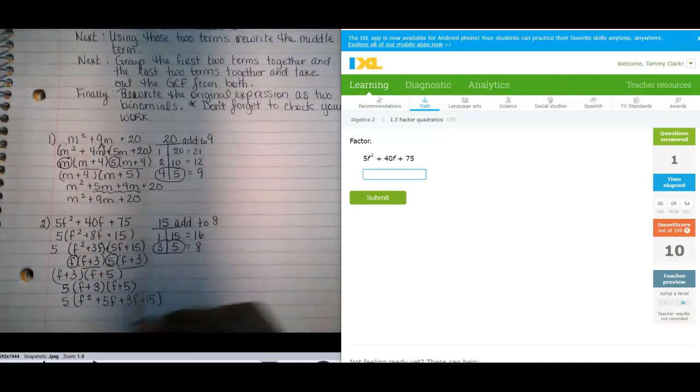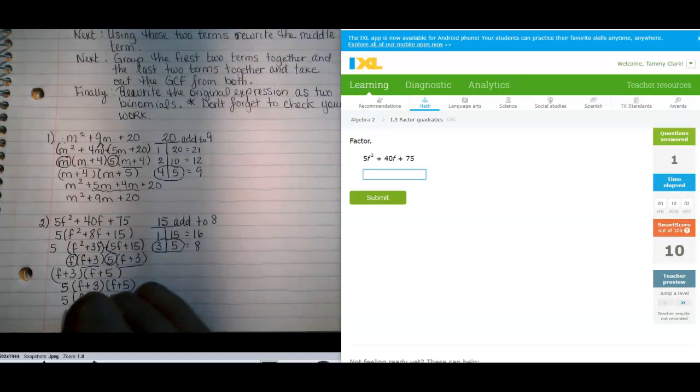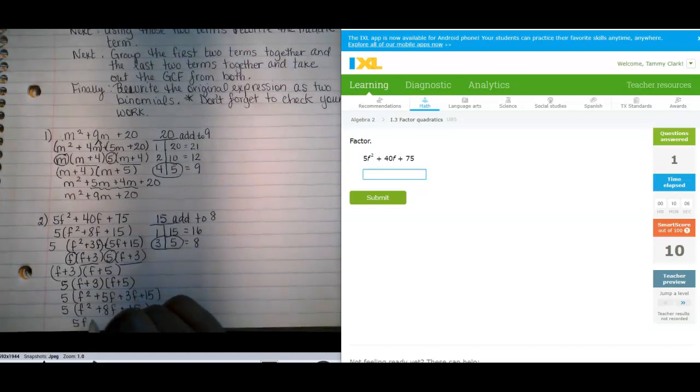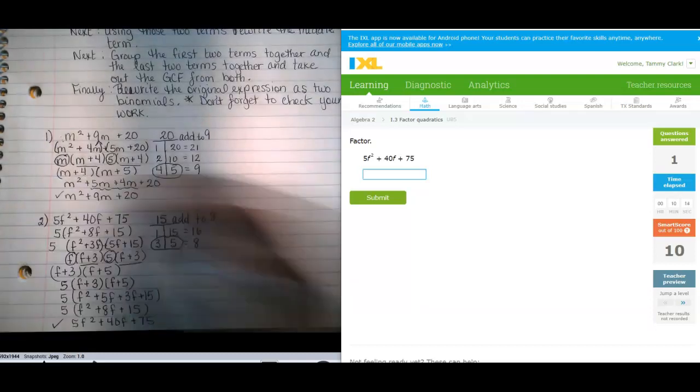Let's try to squeeze this up here. Then I've got f squared plus 8f plus 15. Multiply that by 5. That gives me 5f squared plus 40f plus 75. And that indeed is what we started with, so that's correct.